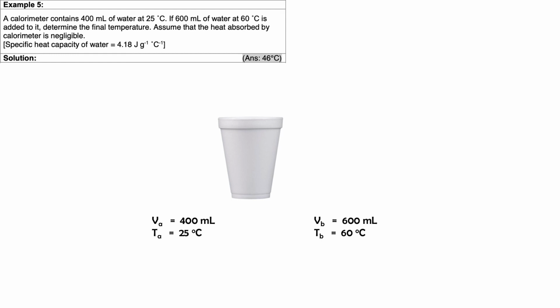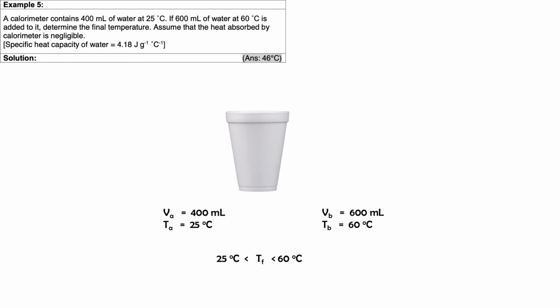When we mix these two waters, of course they are going to reach a new temperature, which should be higher than 25 degrees Celsius, but lower than 60 degrees Celsius. I name this temperature TF. This is what we have to find. How are we going to find it?